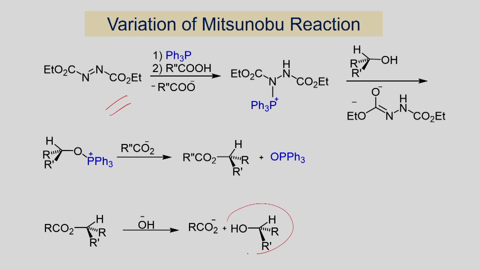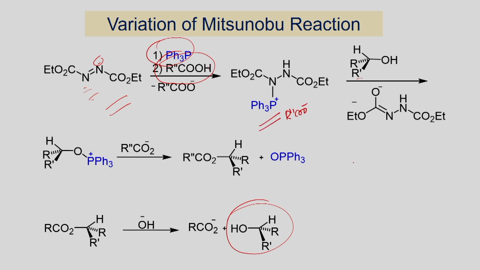If you have an alcohol, you can invert the stereochemistry as shown here. For example, when you react diethyl azodicarboxylate with triphenyl phosphine, as we have just seen, it can undergo addition reaction, and if you carry out the reaction in the presence of acid, the addition can lead to the formation of an anion which can pick up the proton from the carboxylic acid, and you generate the salt.